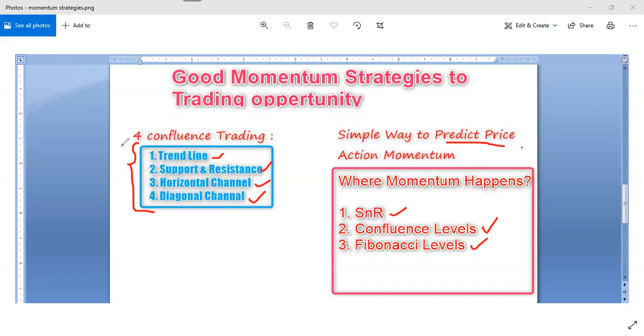Confluence levels, as I said, are these four levels. And the Fibonacci level, in terms of the 50s. The Fibonacci 50% level is one you can trust when you go for momentum-type trading. So these are the points we must know when we look at a momentum opportunity to trade.